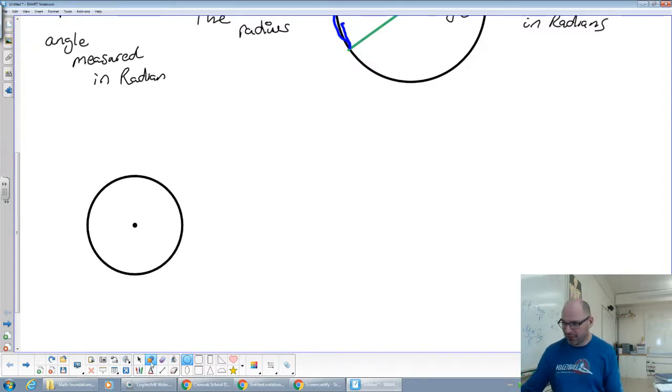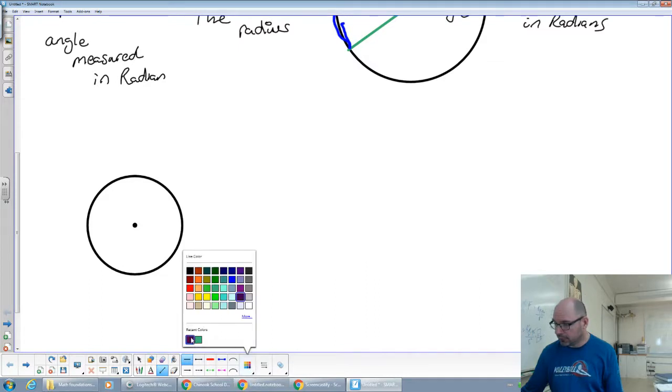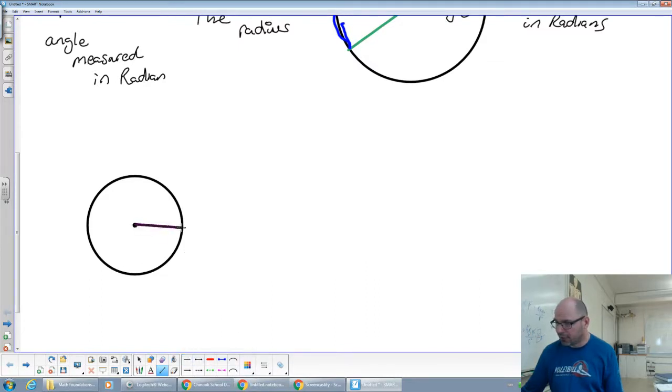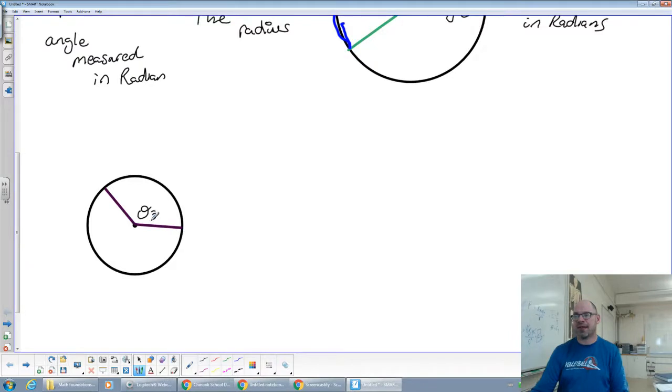Say we have this circle here. Let's say that we have a line like this and like this. And we say that for that, theta equals, let's say this theta is, I don't know, probably about 2.6 radians.